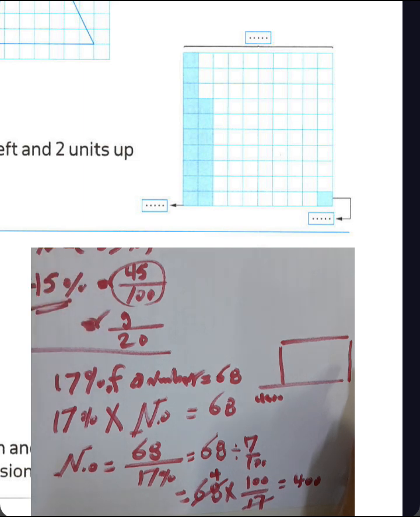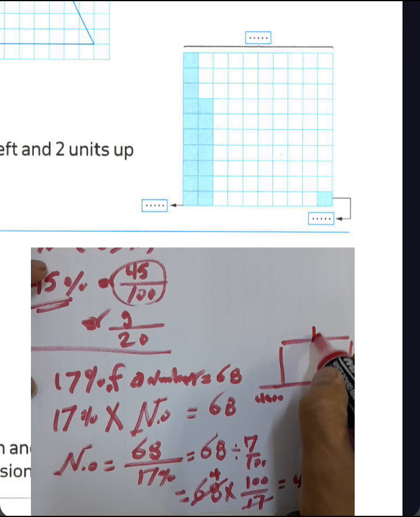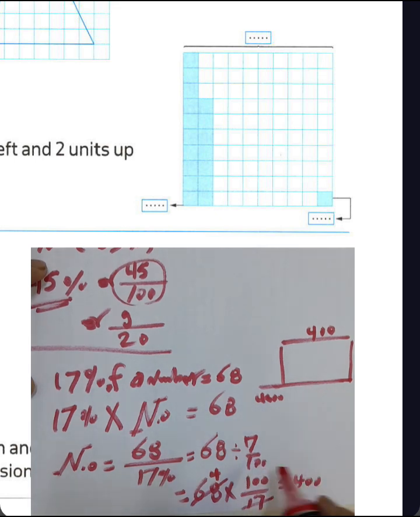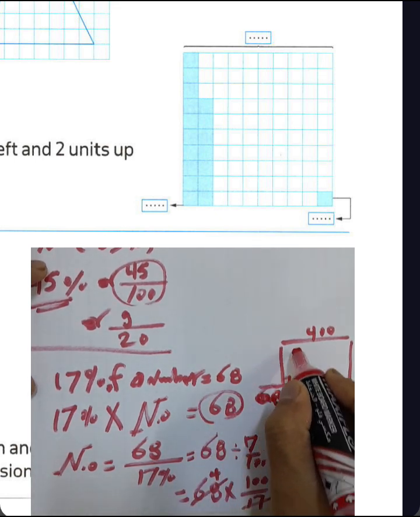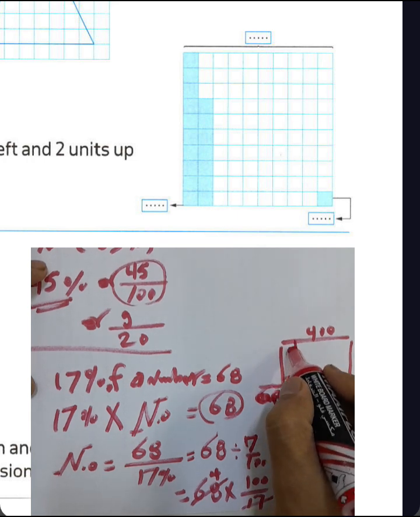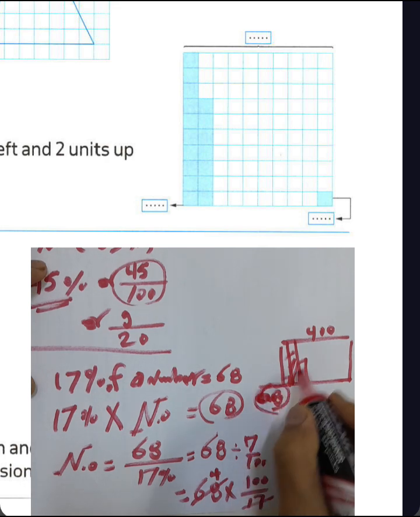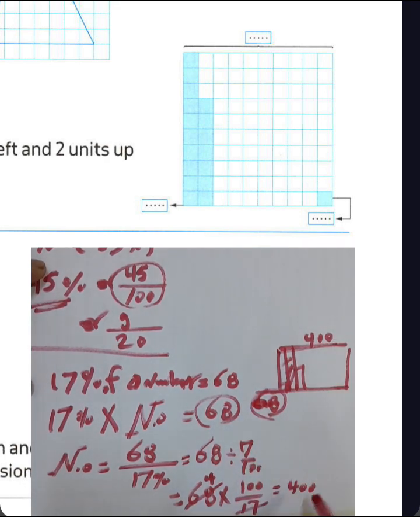Okay, you want to find the total number. The total number, referring to the numbers here, was 400, and the part of them was 68. It's a part, this area of this colored part here will be 68, and the total was 400.